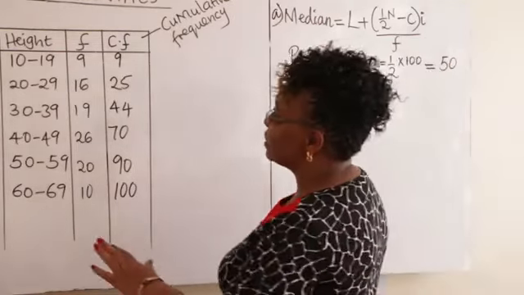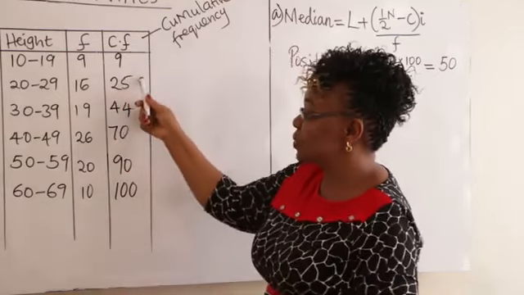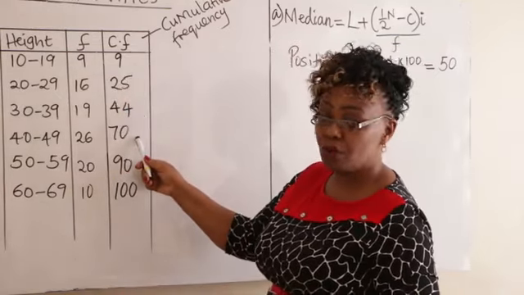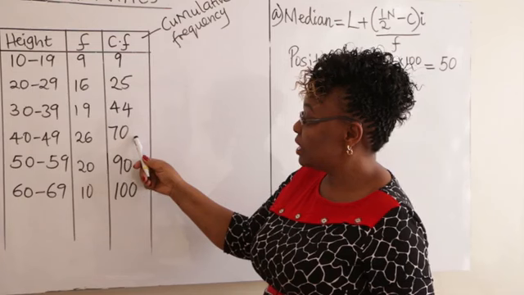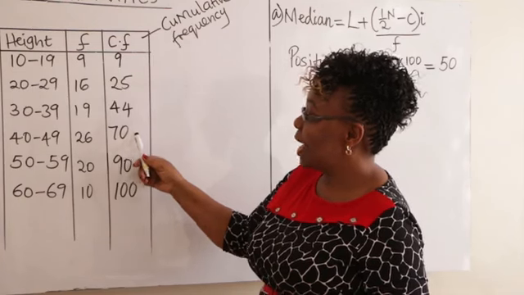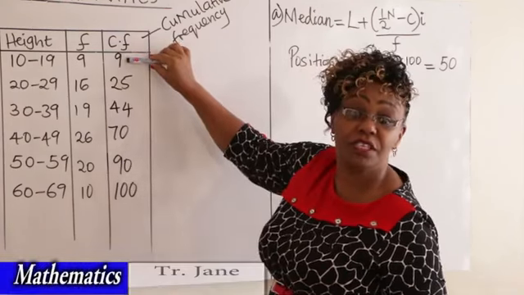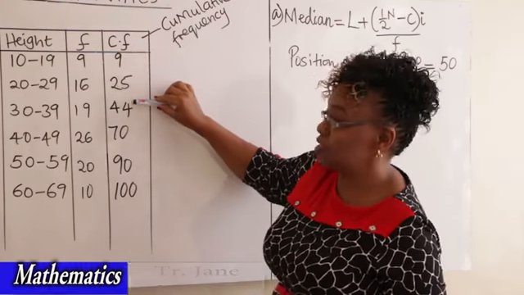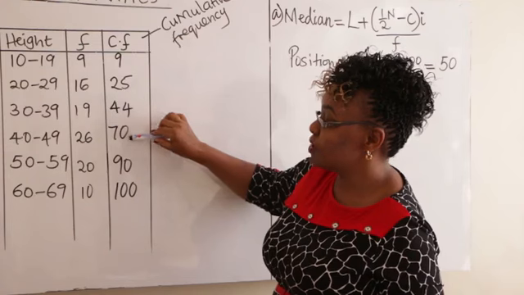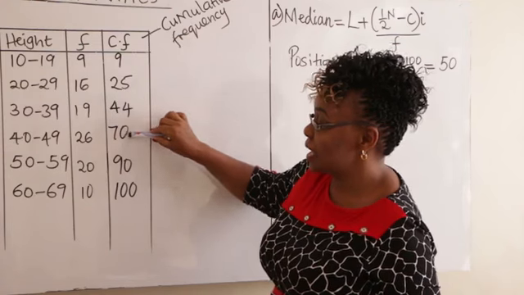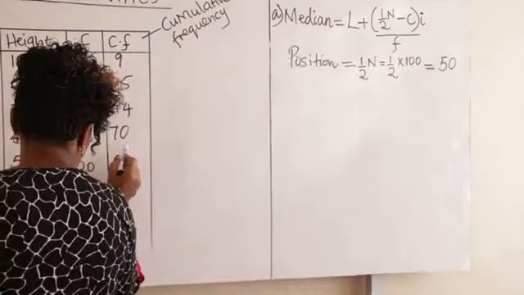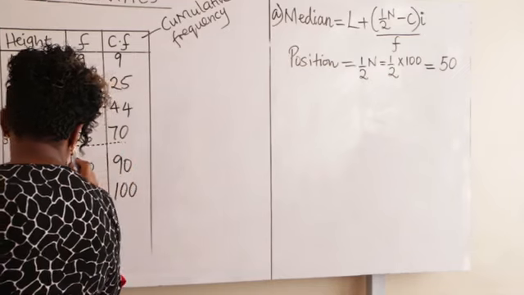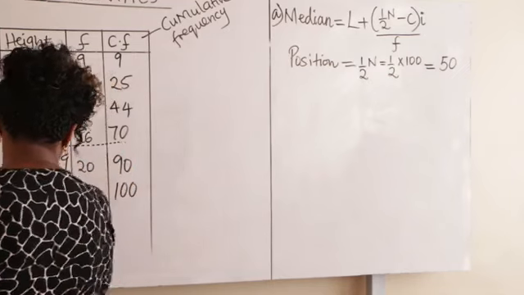You come with the 50 to your cumulative frequency column, and you identify where your 50 will fall. This is 9, this is 25, this is 44. So your 50 falls here. And therefore you identify this row.